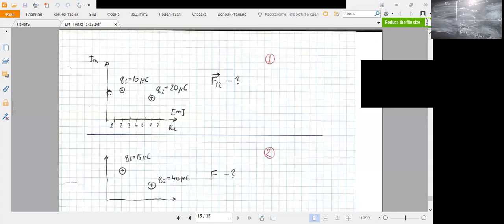So this is 4 minus j divided by the absolute value of this vector, meaning the square root of 4 squared plus 1 squared. So 4 minus j divided by square root of 17.